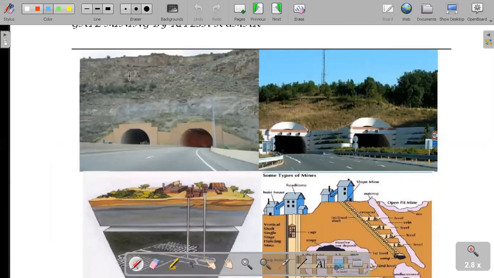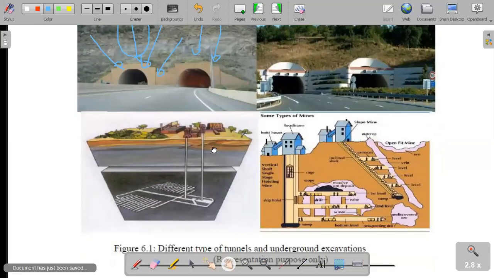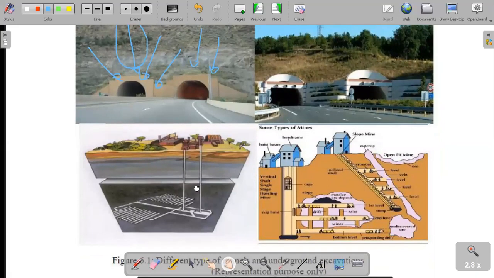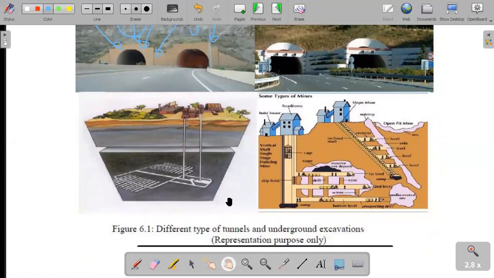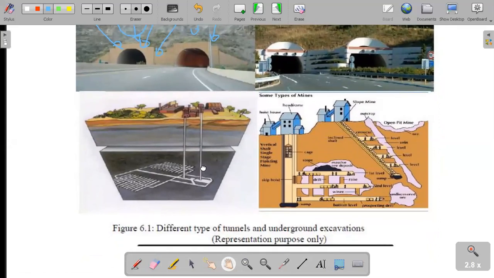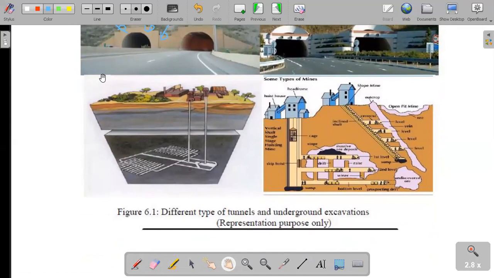In tunnel structure, you can see there is a stress due to these rocks from this direction, from this direction. In tunnel also, tunnel or underground mine. But we are mining engineers, so we will see for underground mines generally. Here you can see the openings.